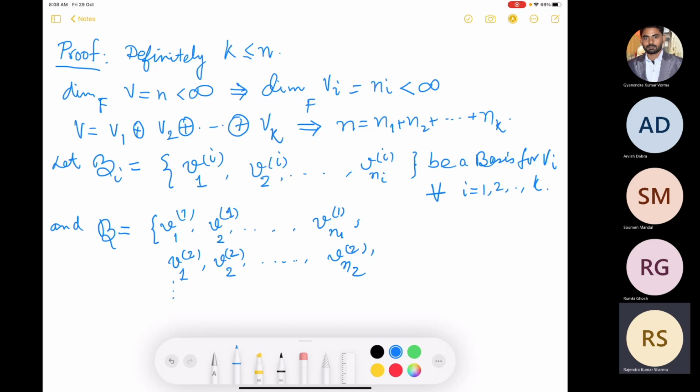And the last that you will have corresponds to the kth. So the number of elements here will be n1, n2, and so on, nk, which is the same as n.